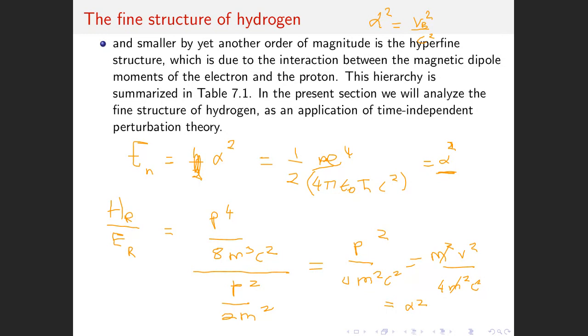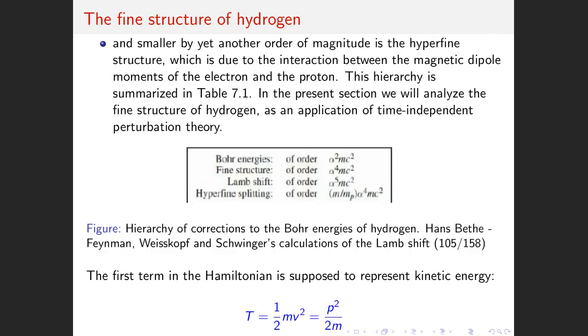This means that the relativistic correction is alpha squared smaller than E_n. E_n we already calculated to be of order alpha squared, so what is the order of magnitude of H_R? Alpha to the 4, right? Because I've just calculated that the ratio between these two is alpha squared, so H_R itself has to go like alpha to the 4. And then you do the same thing for the other one, but maybe I'll give you that as an exercise, right?